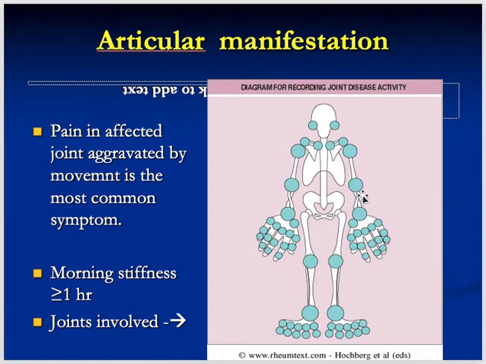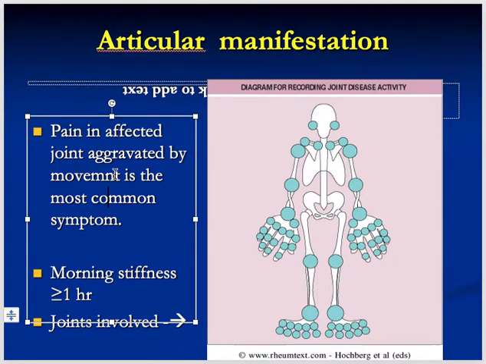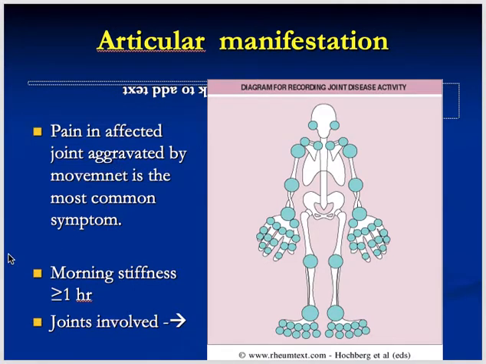It's a chronic but relapsing remitting condition. What it means is there will be times when the disease goes into relapse and the person will be having joint pains, and there will be times when the disease will be under control.